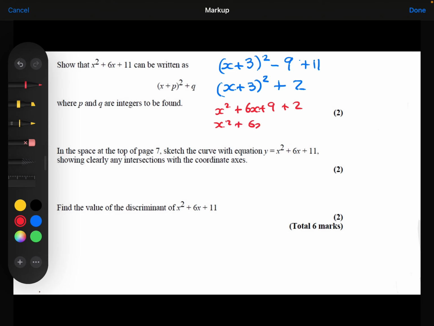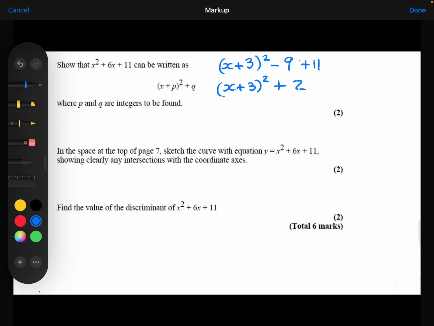And so you can see that this is what I started with. So that's correct. So half the 6x to get the 3, take away the 3 squared, and then add the 11. So that's part A done.